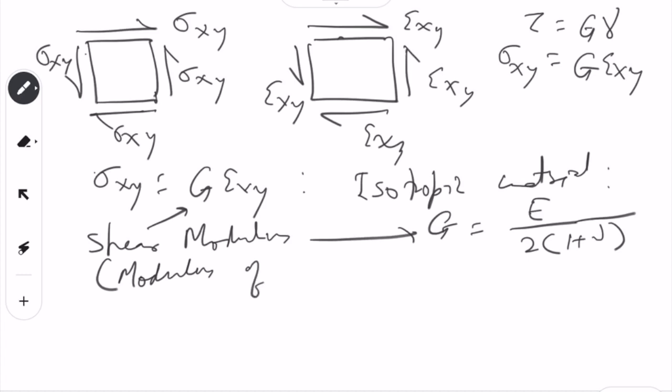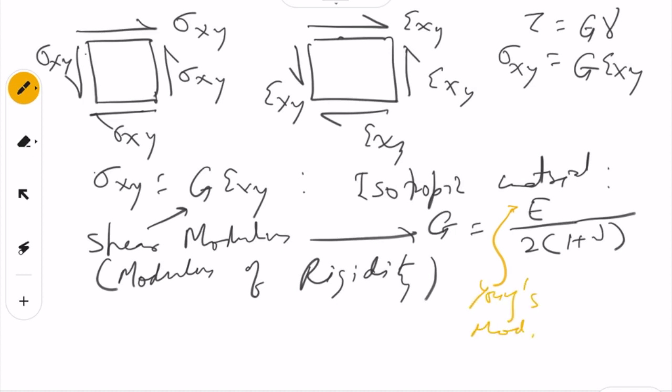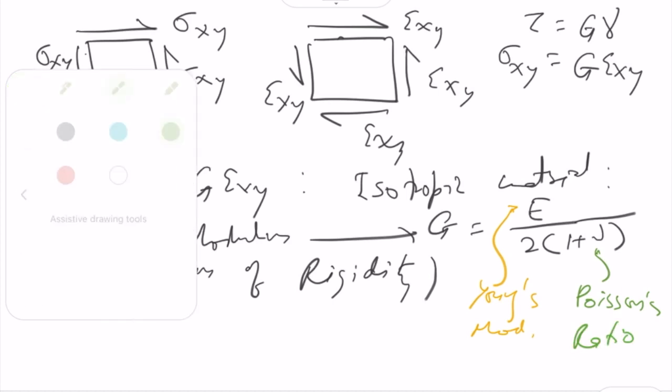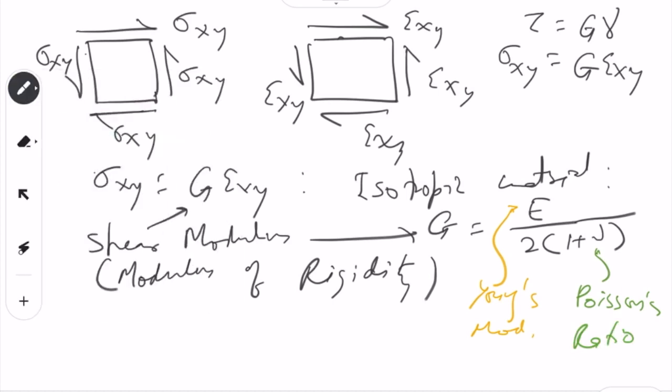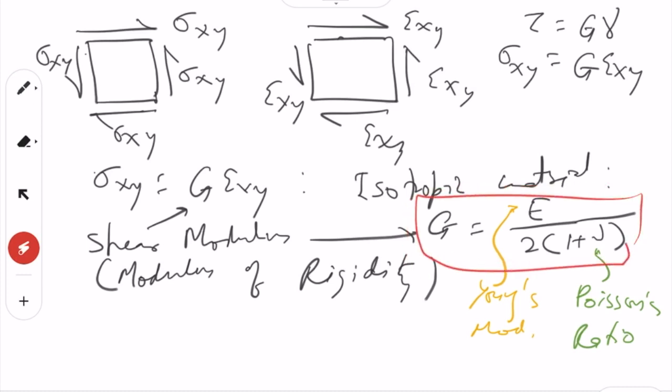And E is the Young's modulus, and nu is the Poisson's ratio. Okay. So we have got this.